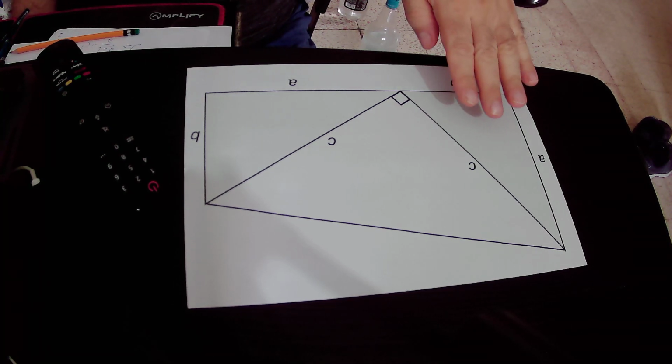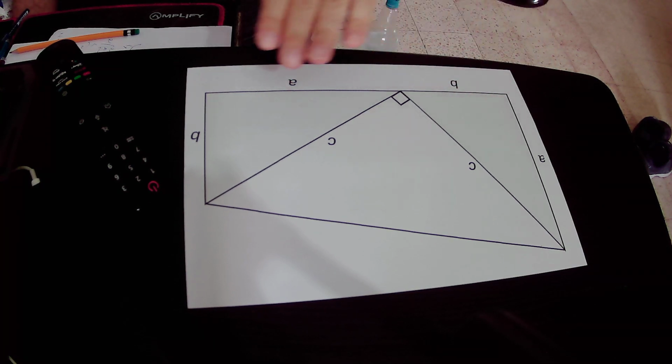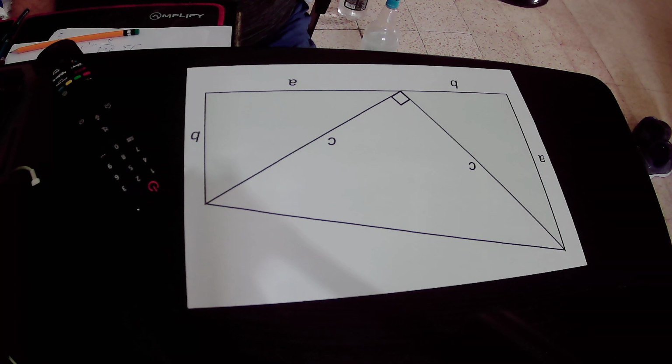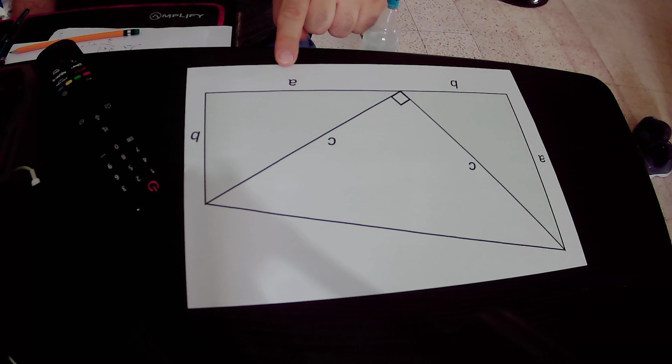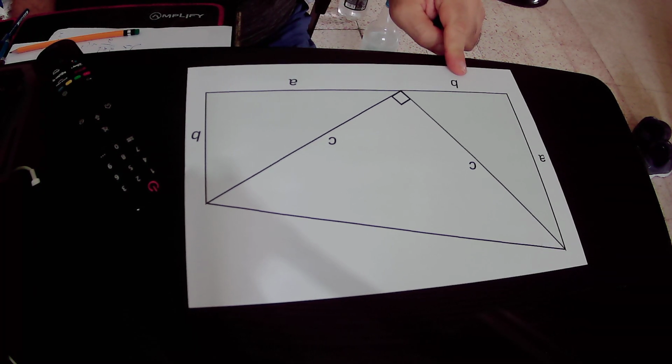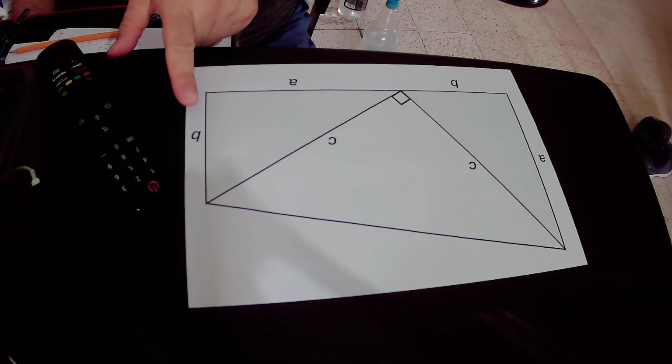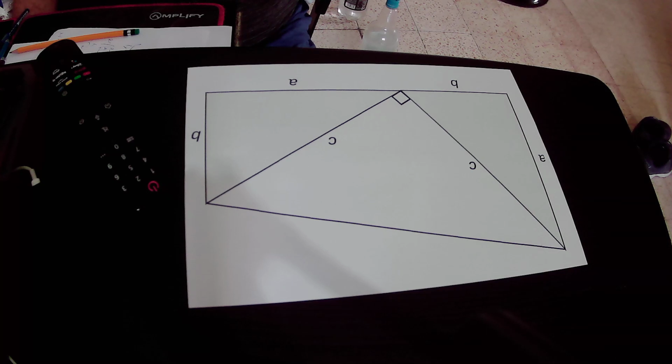We have here two triangles that have two sides that are equal to each other. Side A in the right triangle is equal to side A in the left triangle, and also side B in the right triangle is equal to side B in the left triangle.